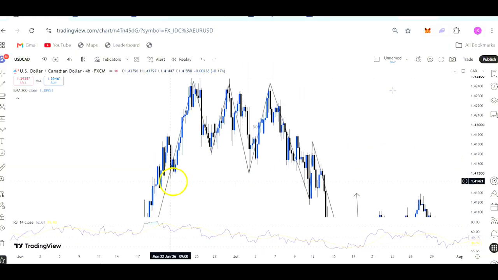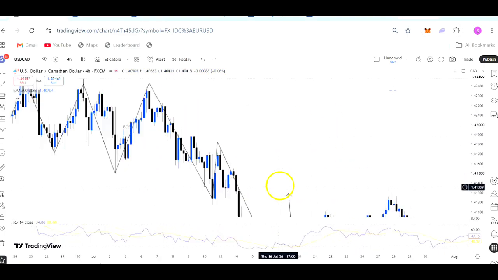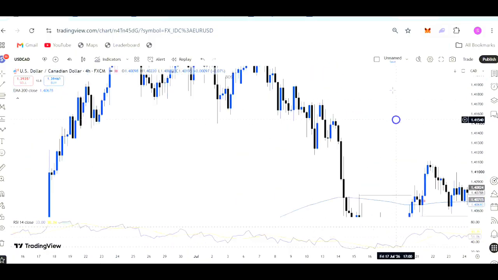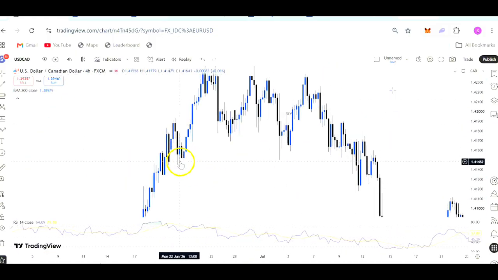So I mark here as my low, because this should be from here to here. If you look at this area, this low has been taken out. Do not forget this is the 4 hour time frame, so this low has been taken out.